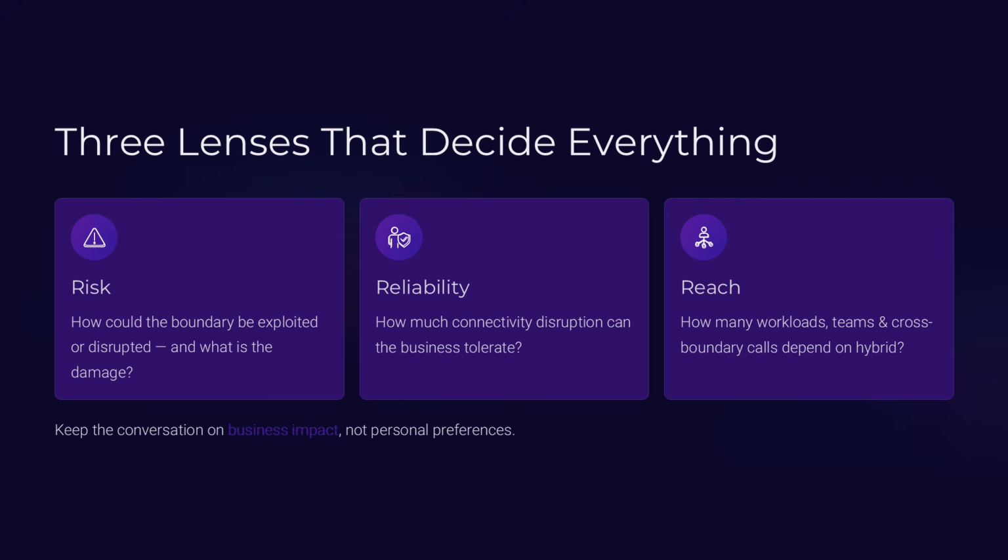Reach is about how widely hybrid connectivity will be used, including the number of workloads, the number of teams, and how deeply applications depend on cross-boundary calls. These three lenses keep the conversation focused on business impact rather than personal preferences.